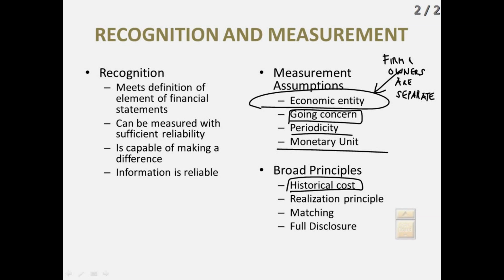What's the problem with historical cost? So it satisfies a lot of these, it makes sense if we're a going concern. It is representationally faithful. What's the negative? What's the downside of historical cost? Yeah.